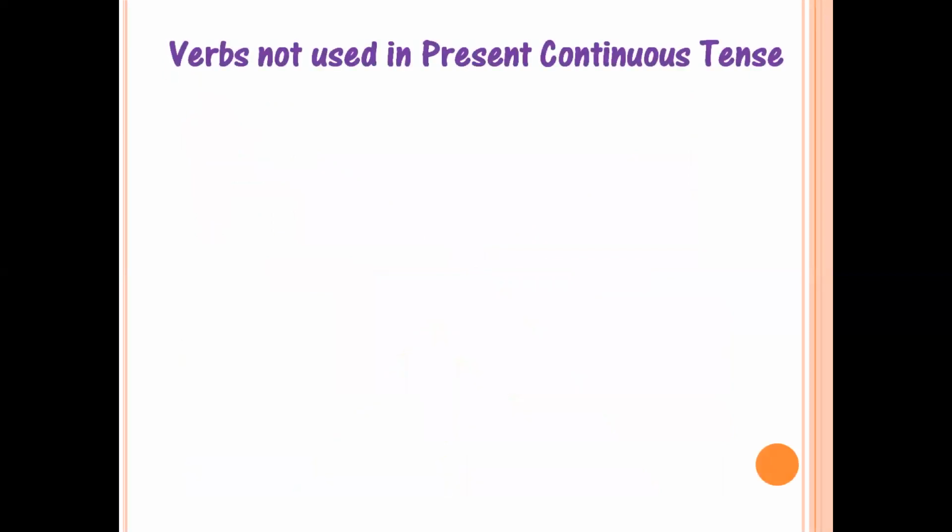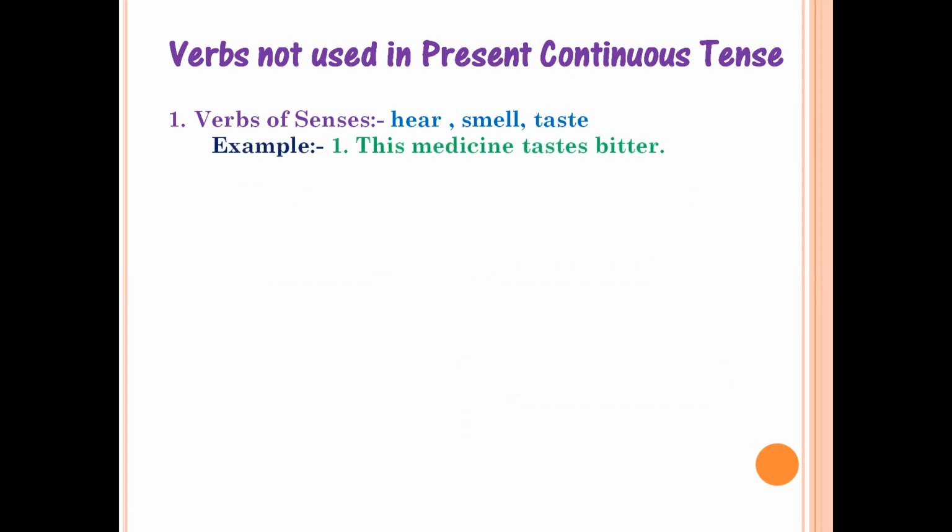Now, very important, we have a few verbs which are not used in present continuous form. So let's have a look at those verbs. First category in this is verbs of senses. In verbs of senses, we have hear, smell, taste, see, right? These verbs are not used in their continuous form. Let's have a look at a few examples.